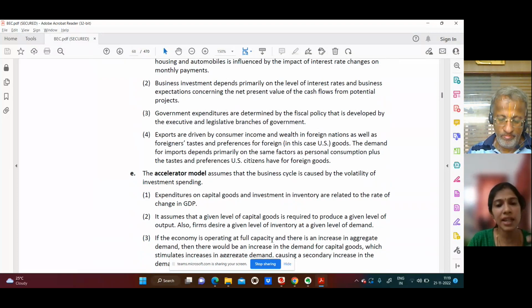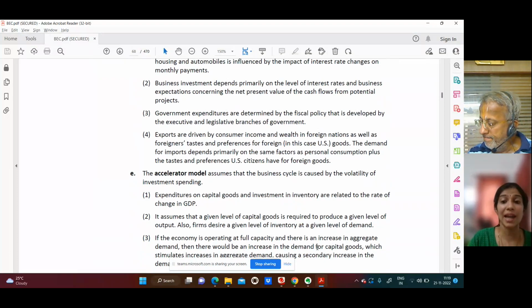When you're increasing the investment in capital goods, the economy is operating at full capacity, and there is an aggregate demand. There will be an increase in the demand for capital goods. So it's like, this is causing that, a circular reference kind of thing. But in the positive way, what is happening? You are making more investment, which is actually increasing the demand in the market.